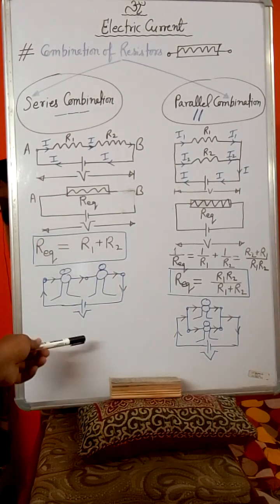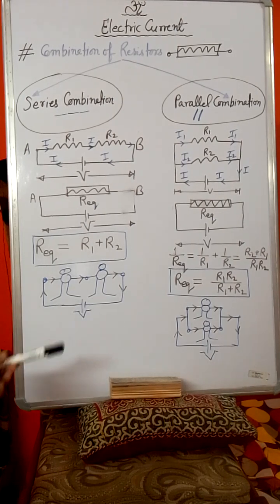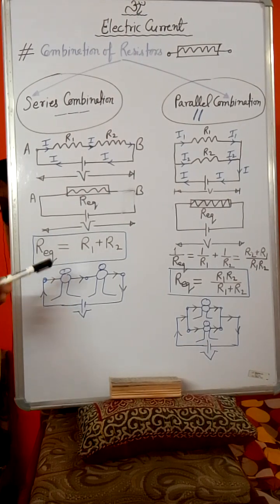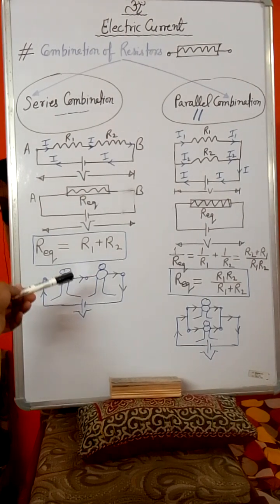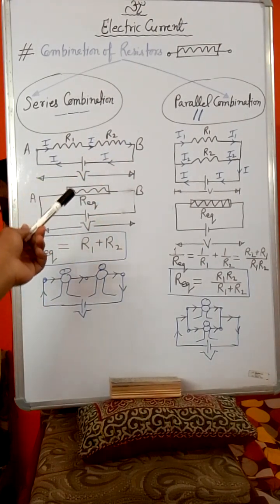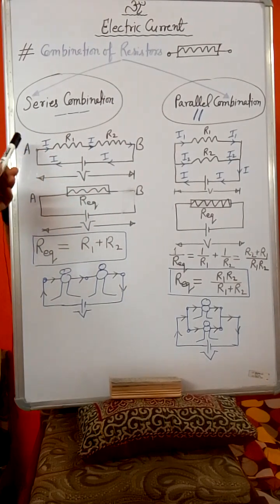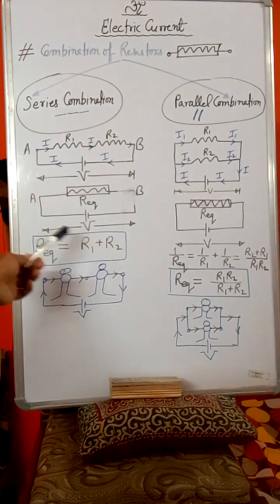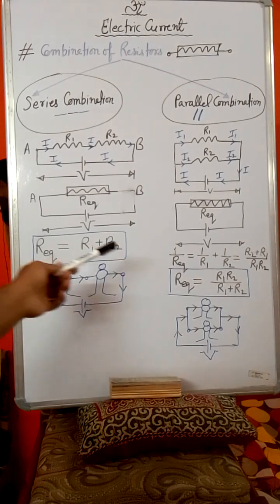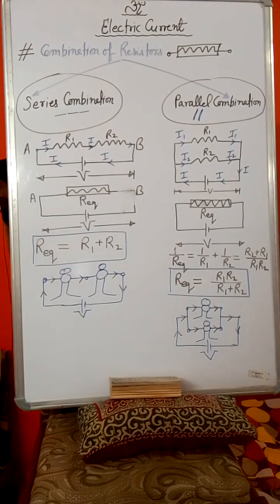You can call it a power source or a voltage source, right? In this condition, the equivalent resistance can be found just by adding both resistors. This is the simplest way, the series combination. You just add the values of the resistors and you get the equivalent resistance. I hope the point is clear.